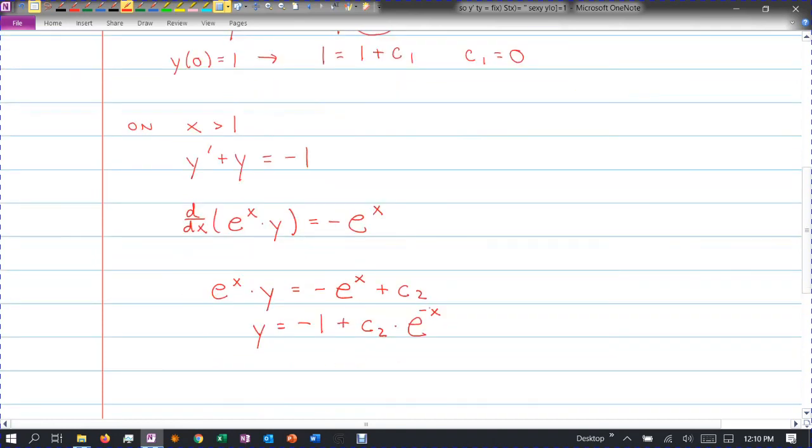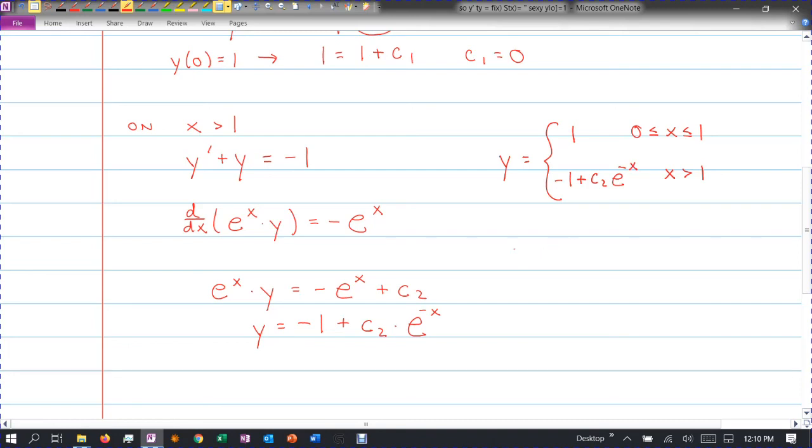Alright, so now here's what we know about y. Y is equal to the constant 1 function if x is between 0 and 1. And if x is bigger than 1, it's equal to negative 1 plus c sub 2 e to the negative x. And now we need this to be continuous, and we're really only looking at 1 because that's where it switches.